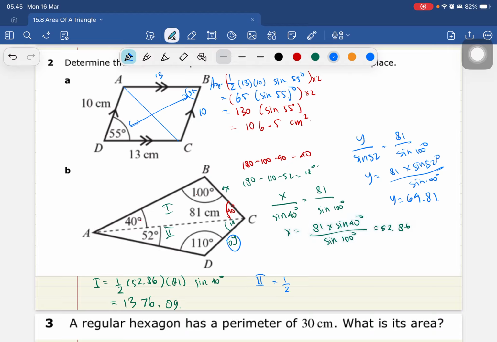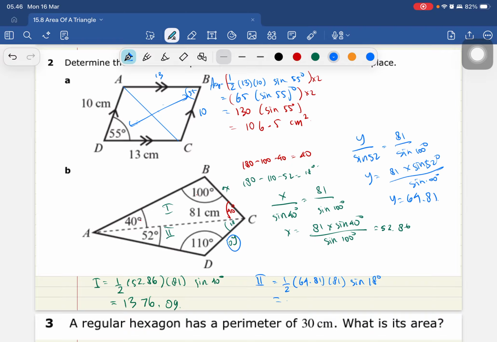The second area is a half, and then 64.81 times 81, and then times the sine 18 degrees.